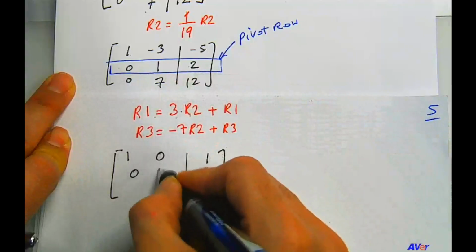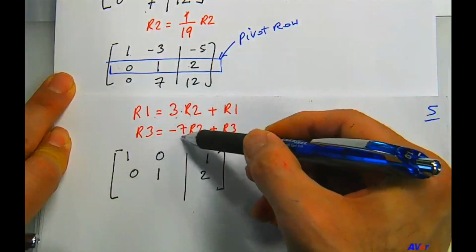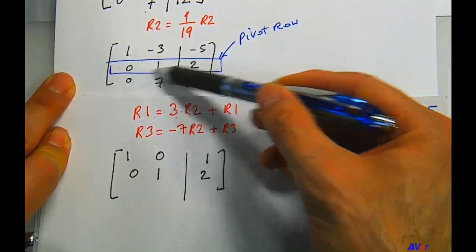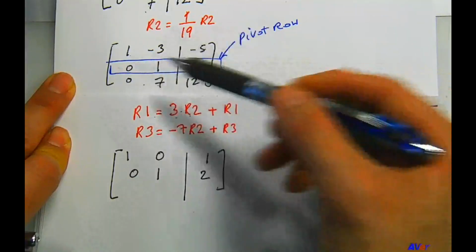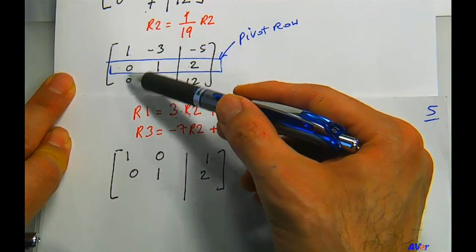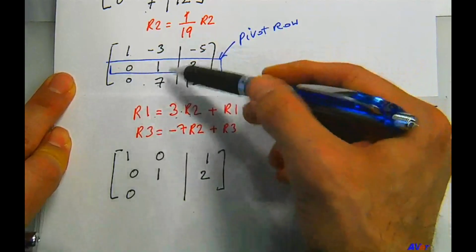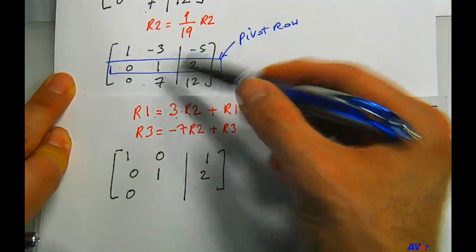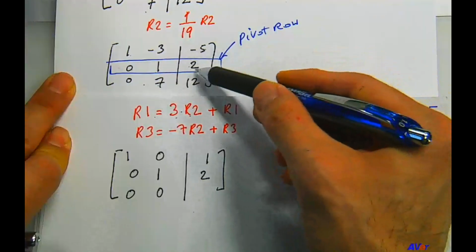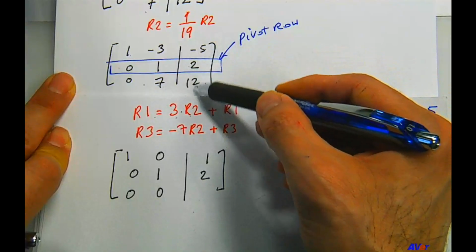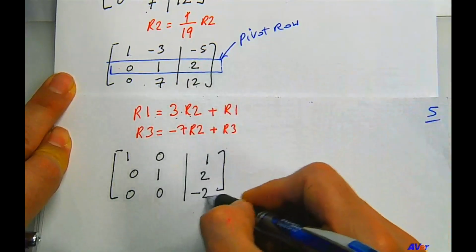Second row, we can write it as it is. Third row, negative 7 times row 2 plus row 3. So negative 7 times 0 is 0 plus 0, 0. Negative 7 times 1 is negative 7 plus 7, 0. Negative 7 times 2 is negative 14 plus 12, minus 2.